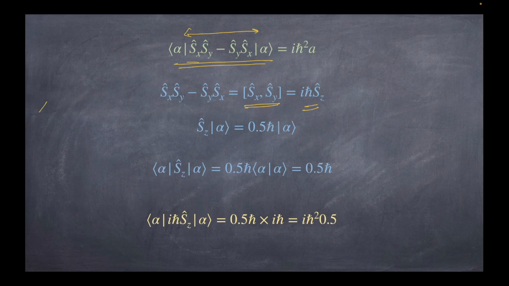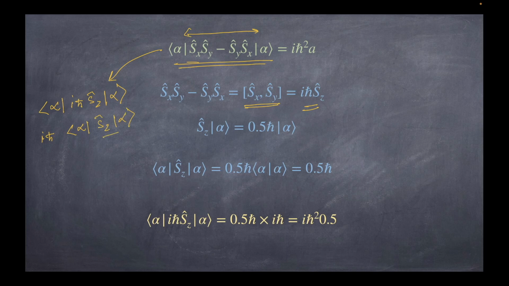So this term becomes alpha, i h bar Sz operator, alpha. Now i h bar is a constant term, so we can write it outside: i h bar alpha Sz operator alpha.